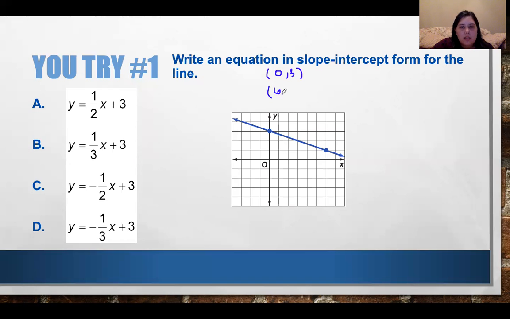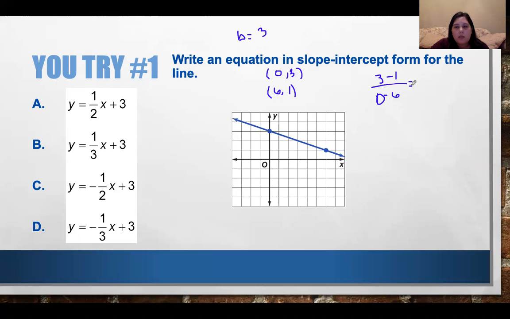What's so nice about this is that they actually give us our y-intercept. So I do already know our b value is +3. And I kind of also got that based on my answer choices. They all said +3. So we just need to find out our slope. So I'm going to do 3 minus 1 over 0 minus 6.